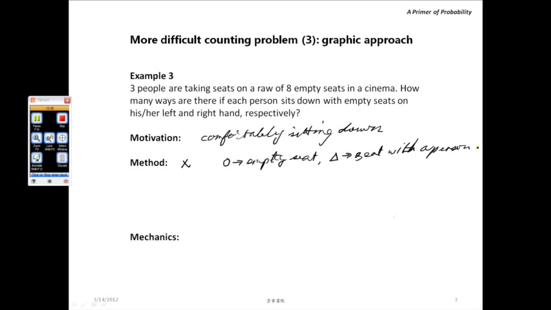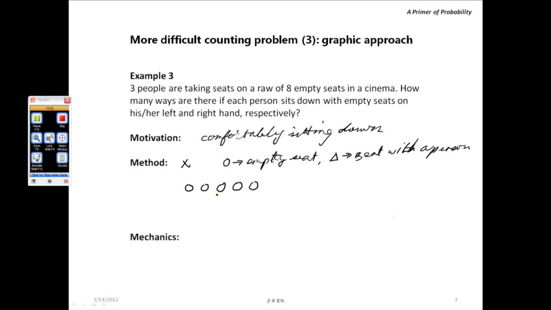Three persons will occupy 3 seats, and will leave 5 empty seats. So let's visualize the 5 empty seats like this. And we got 5 circles. These are the 5 empty seats left.